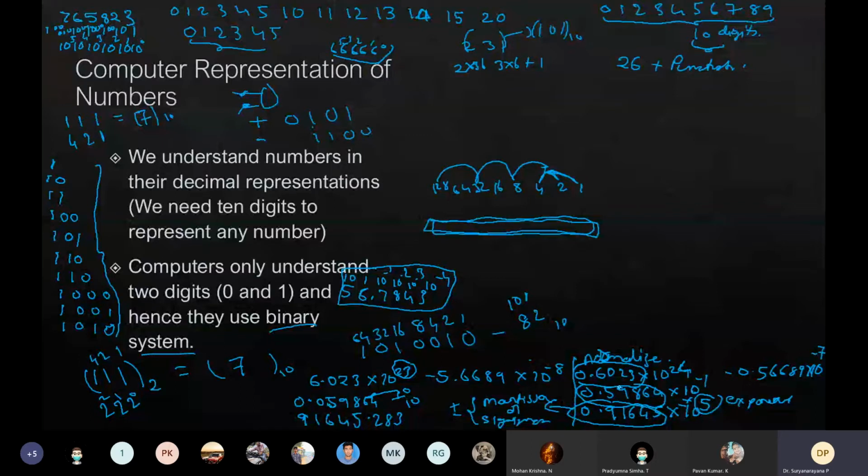Once you normalize, then you'll get a clear picture of what you need to store. The strategy used in computers to store this number is you store these digits. After normalizing, whatever digits you have, this is called mantissa.